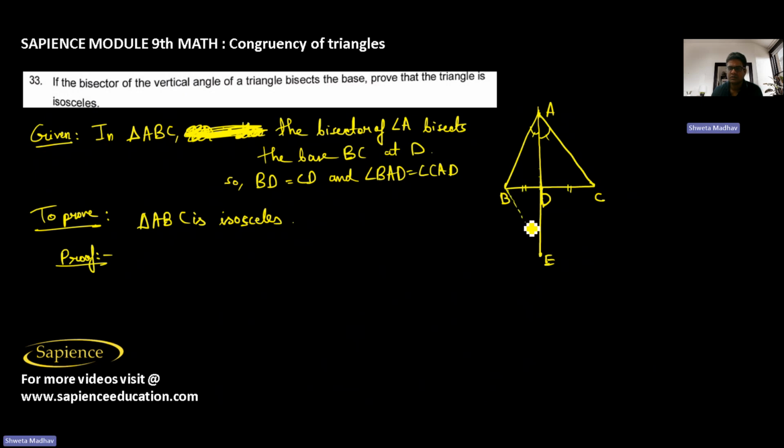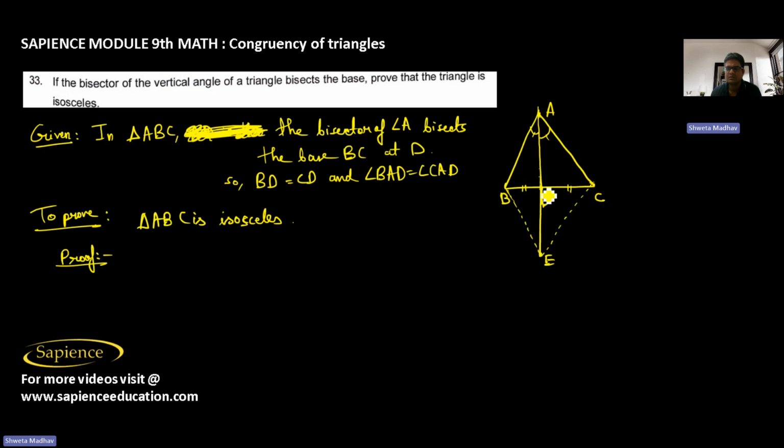Then we can join BE and CE. Then we can see that the diagonals bisect each other. So it is a rhombus. So all the sides are equal.